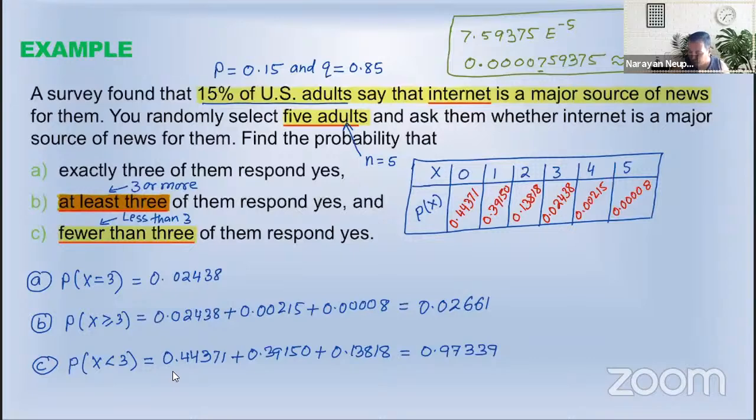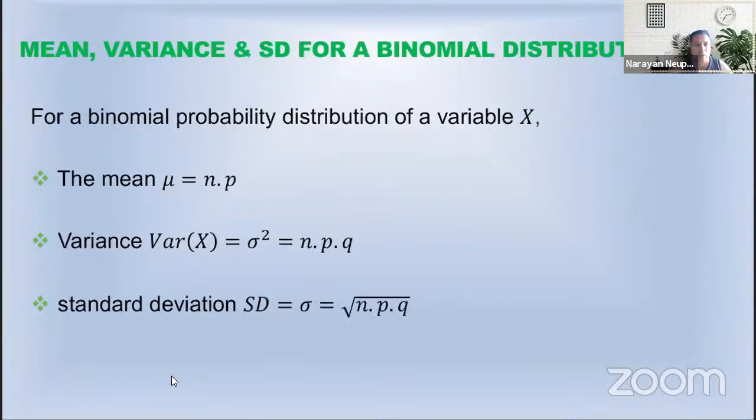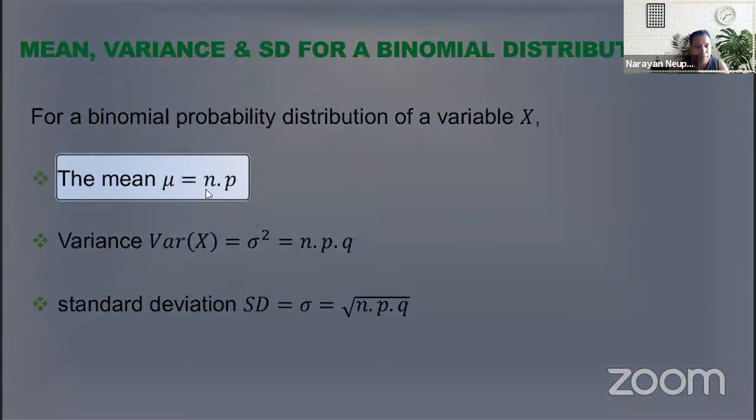But for the binomial probability distribution, calculating the mean and standard deviation is much easier. The mean is simply n times p. If you multiply the number of trials with p, that's how we find the mean.